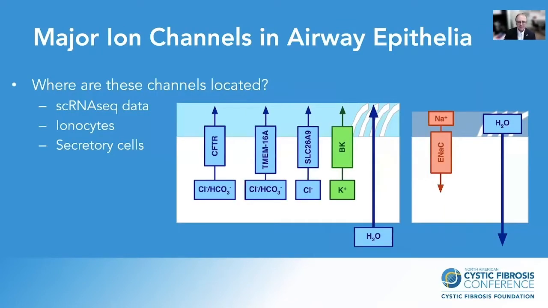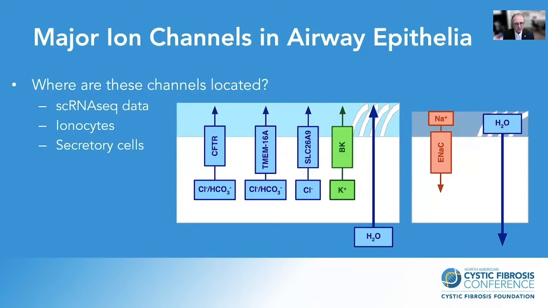So where are these channels actually located? These channels, meaning in what cells are they located? I already indicated that these are at the apical membrane. Well, this has been a debate, and I don't have really time to go into this debate today, but RNA-seq data has indicated very interesting challenges to previous beliefs.